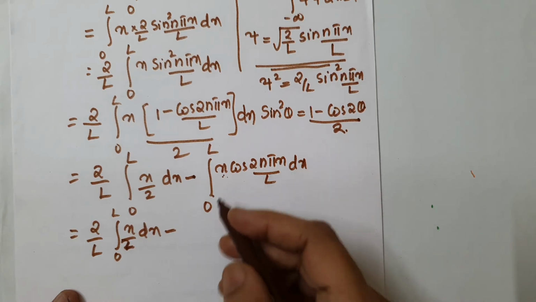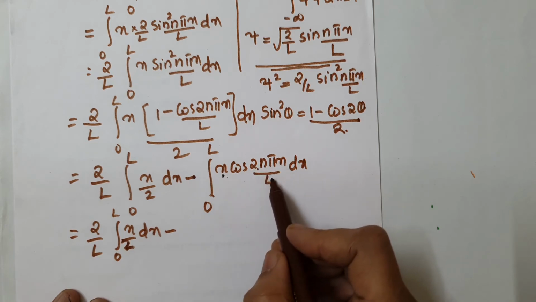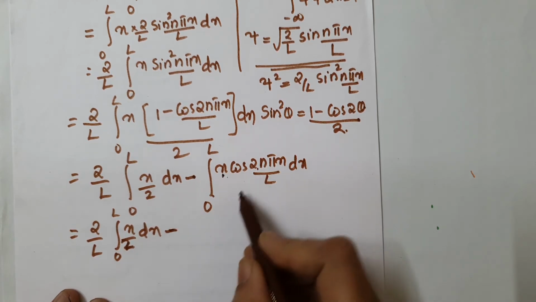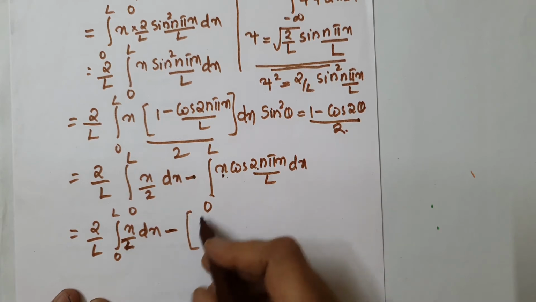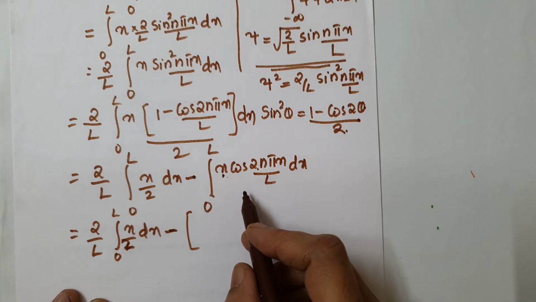Integrate by parts: first function is x, second function is cos 2n pi x by L. We can solve this in terms of integration by parts.